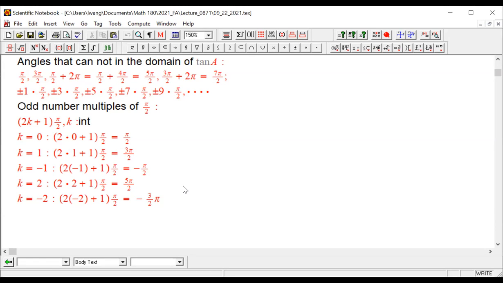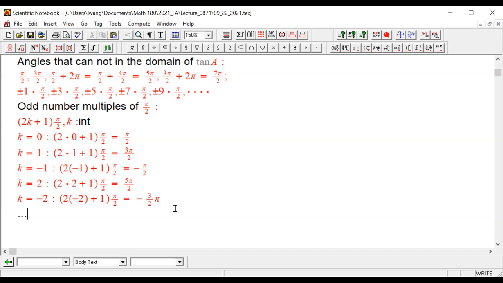So the list will go on, and as you choose different values for k, all the values that cannot be in the domain will be represented. That's the point. Does everybody follow me? Yes. Good. Any questions?